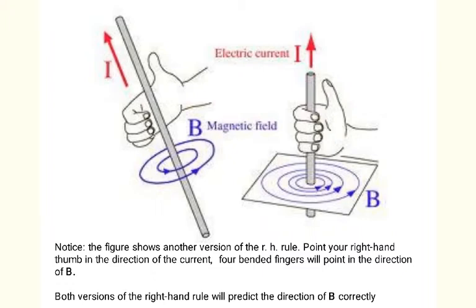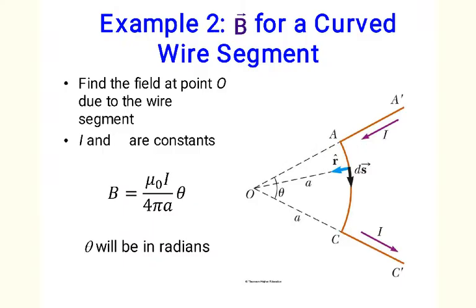If we take our right hand and point the thumb along the direction of the current, then four bent fingers of the right hand will point in the direction of B. The field lines of B are concentric circles centered on the long wire. The field lines are perpendicular to the wire. The magnetic field depends only on the distance a from the wire. It is independent of the height along the wire.